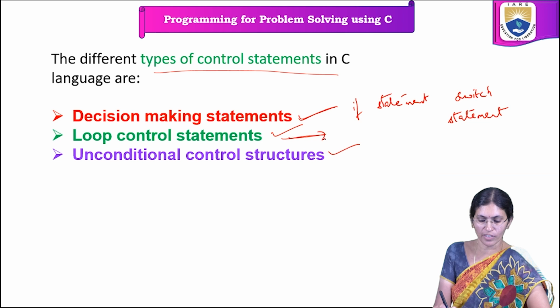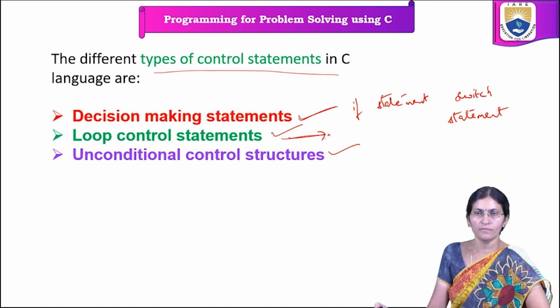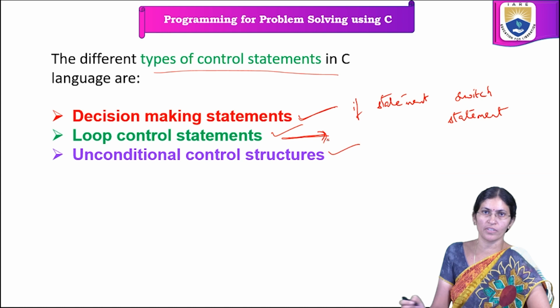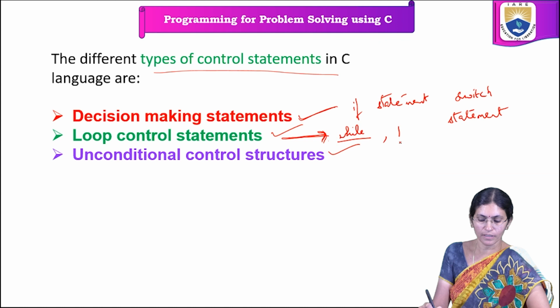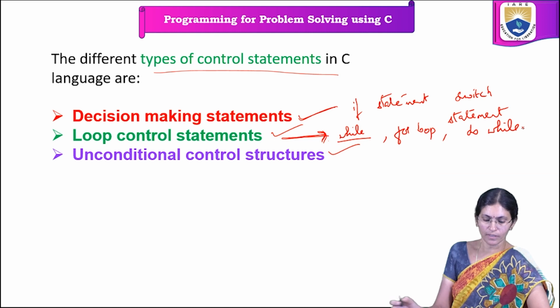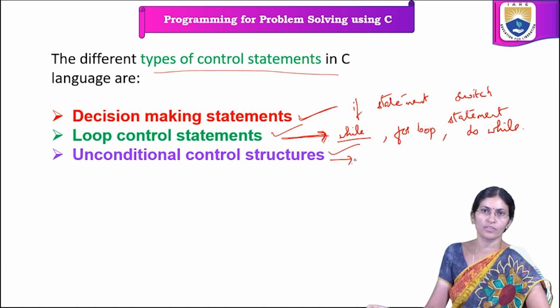These are used when the same set of statements is to be executed repeatedly. The keywords we use are while, so there is the while loop, then the for loop, then the do while loop, etc.